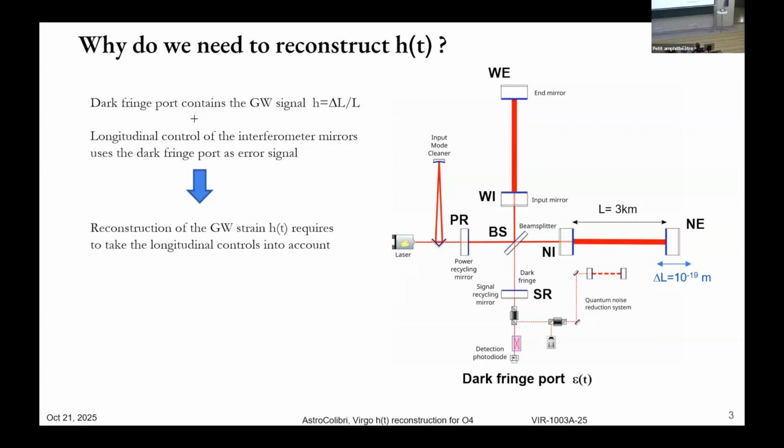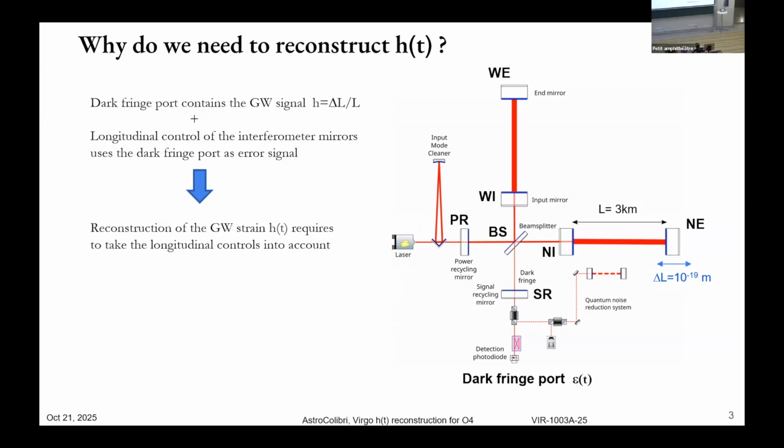In fact, the Virgo interferometer delivers on what we call the dark fringe port a quantity of light which depends on the difference of length between the two arms, and this is proportional to the amplitude of gravitational waves. But we also have longitudinal controls of the interferometer mirrors to keep the interferometer on the working point.